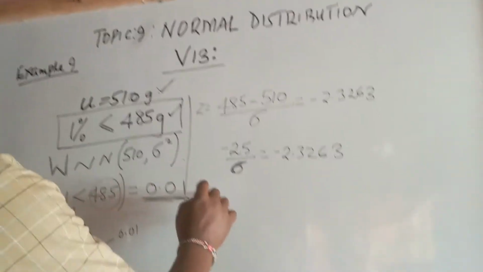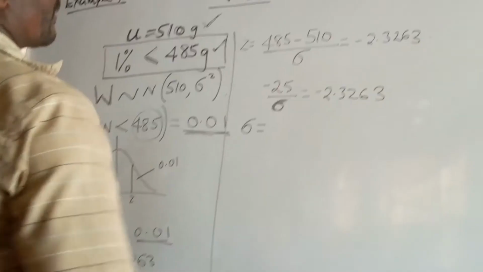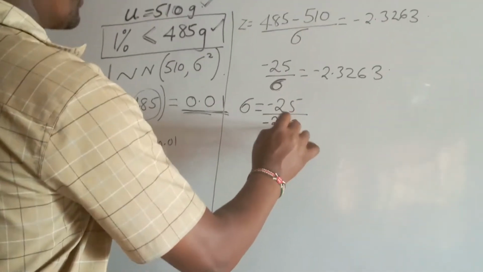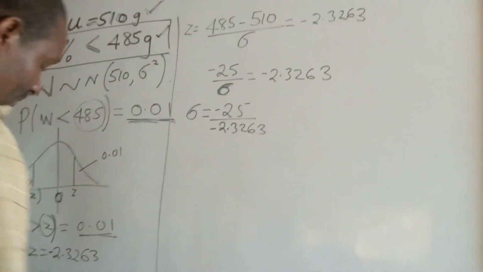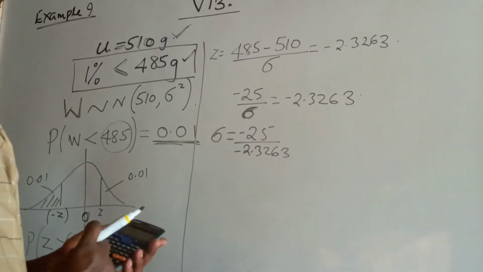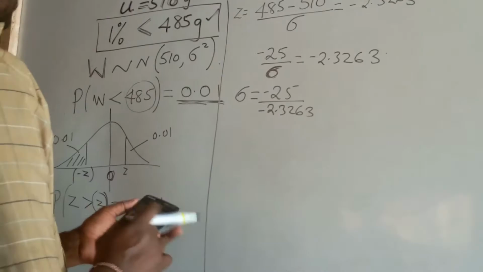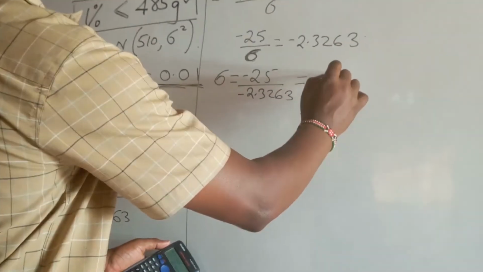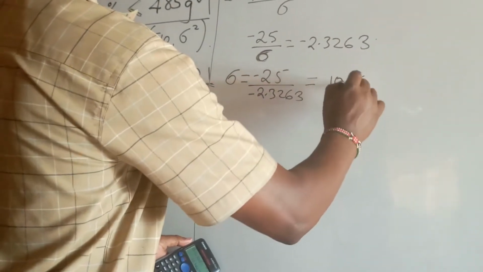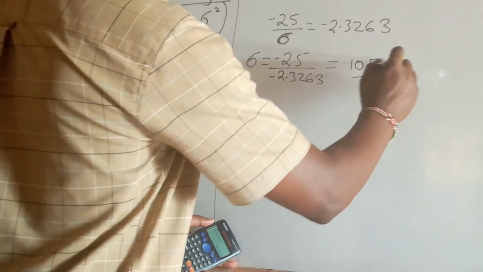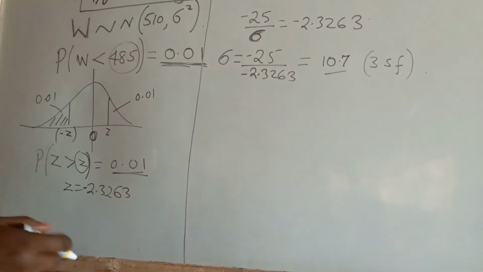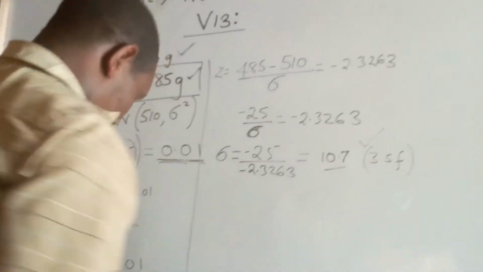If we want to make the standard deviation the subject of the formula, we have negative 25 over negative 2.3263, which is 25 divided by 2.3263, which is basically 10.74, or rather 10.75, or we can even say 10.7 to 3 significant figures. There we are, having found our standard deviation.